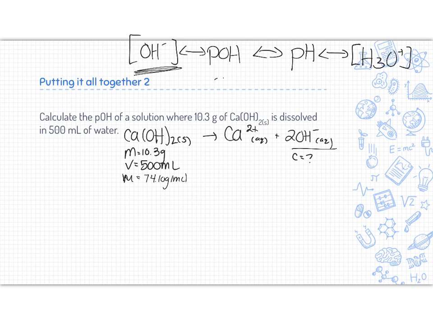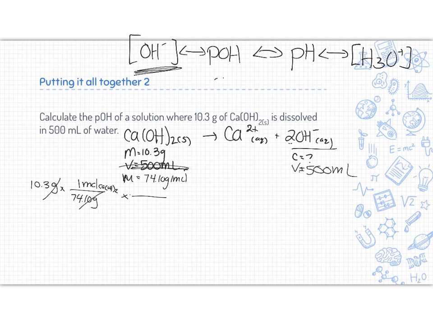So let's start with its mass. 10.3 grams times 1 mole per 74.10 grams, and that's of calcium hydroxide. So let's find its concentration. Cancel grams. Now we can either switch to moles of hydroxide and then find volume, or we can find concentration of calcium hydroxide and then switch. So maybe I will do our typical stoich here.